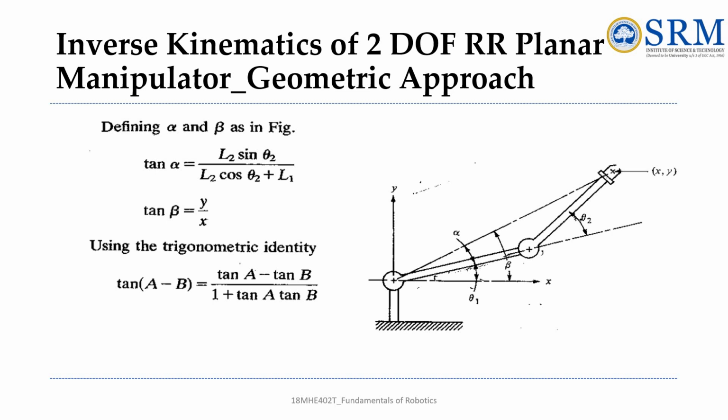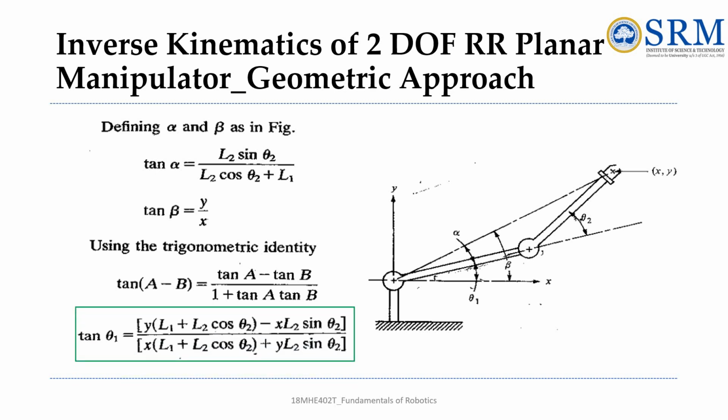The beta and alpha we found using inverse kinematics, and the same thing you can verify with the forward kinematic model. You can apply simple trigonometry and verify the forward as well as the inverse kinematics. The inverse kinematic solution can be verified using the forward kinematic model by applying simple trigonometric identities.